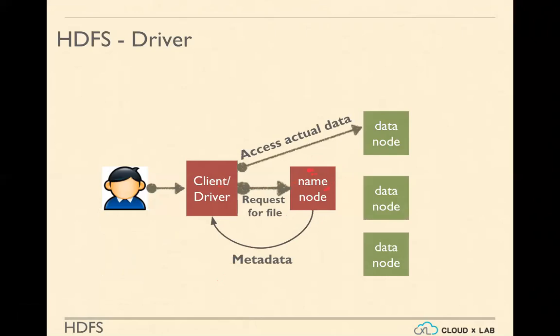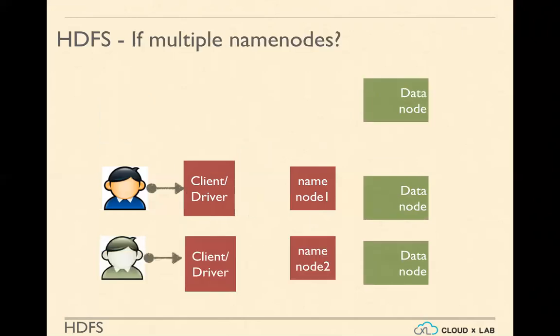But no, if name node started reading the data on your behalf, name node would become the bottleneck, and therefore it would become impossible to use. Therefore, name node does not give you the data, it just gives you the pointer to the data, and using that pointer you can access the data from the data node.